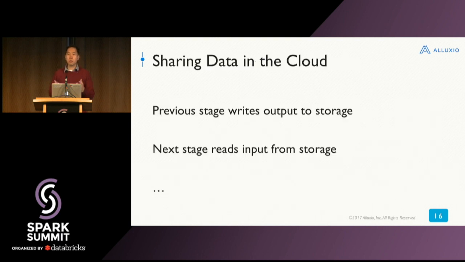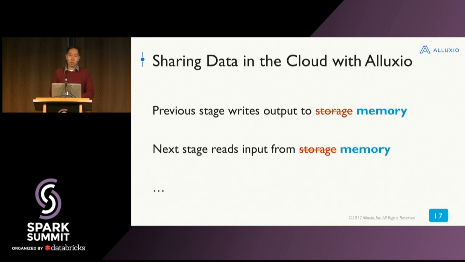So in the cloud, ultimately, sharing of data looks something like this. There are stages that need to pass and share data amongst each other, and the previous job has to write the output out to the storage, and the next stage has to read that data from that storage. This is what it would typically look like.